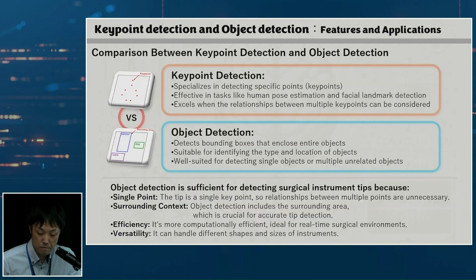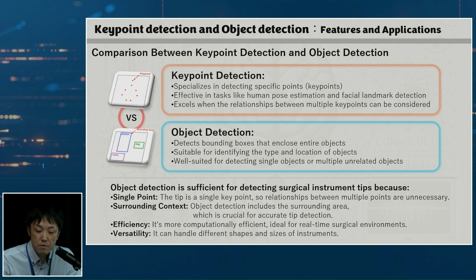Based on the characteristics of key point detection and object detection explained in the previous slide, I'm going to now explain why we chose object detection for surgical instrument tip detection in our research. Key point detection specializes in detecting specific points, and its strength lies particularly in the ability to consider relationships between multiple key points.